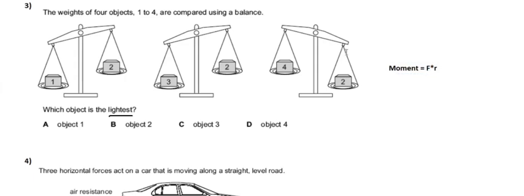In this case, these weights are kept on the pans, and this middle one is the pivot. This one is the pivot, this one is the pivot, this one is the pivot, and these are the attachments. The distance of these attachments from the pivot is constant.